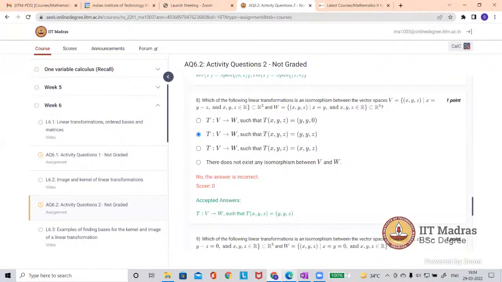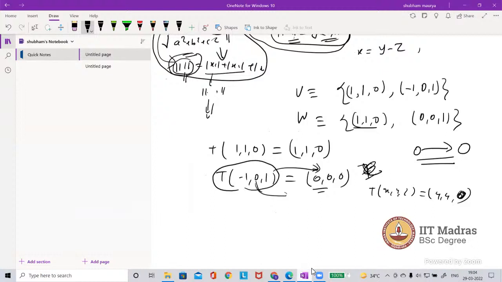For the second one, the image will be 1 here. So the best way is that you can decide here itself. You can see that this one is independent of this one, so this is a basis.